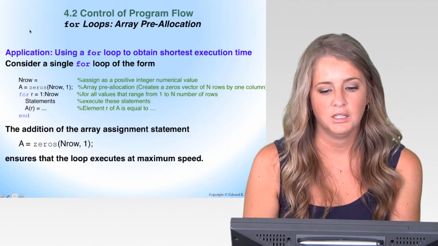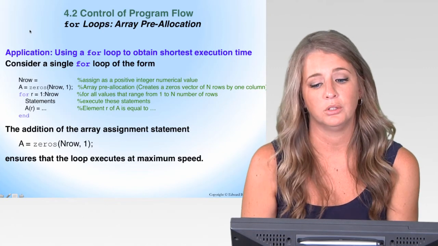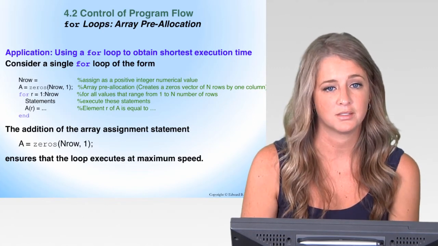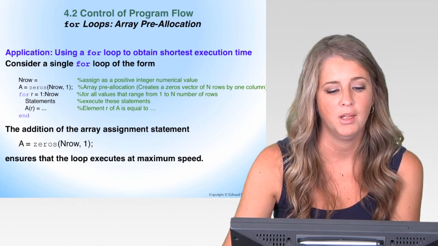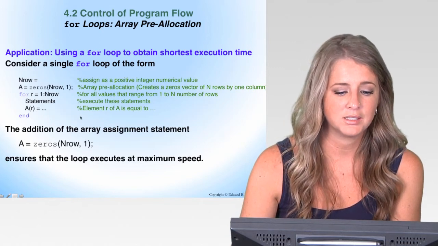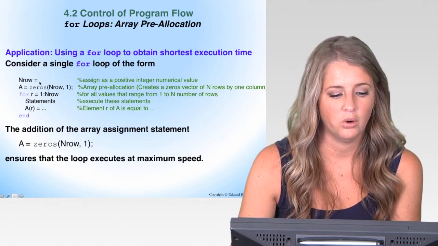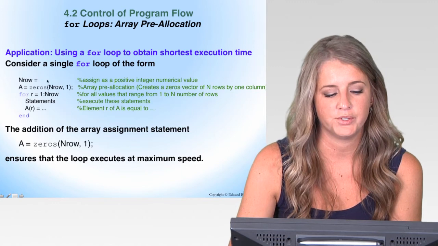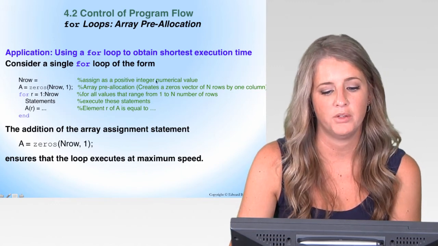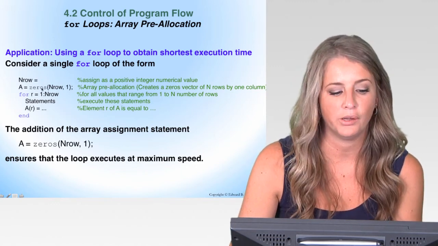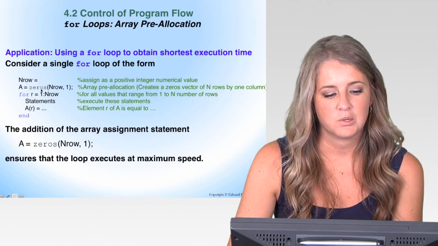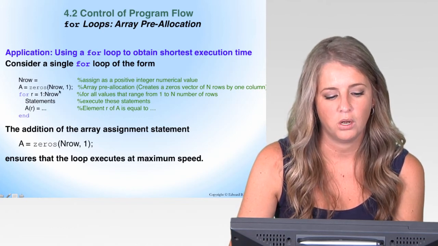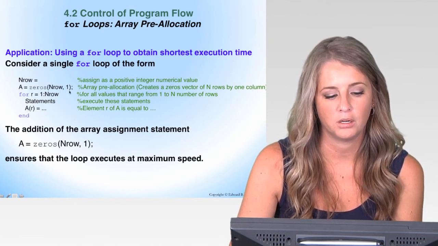Let's say that we wanted to use a for loop to obtain the shortest execution time in our program. This is the syntax that you can use. We have n rows equals some positive integer value. And then we have a equals zeros of n rows by 1 column.